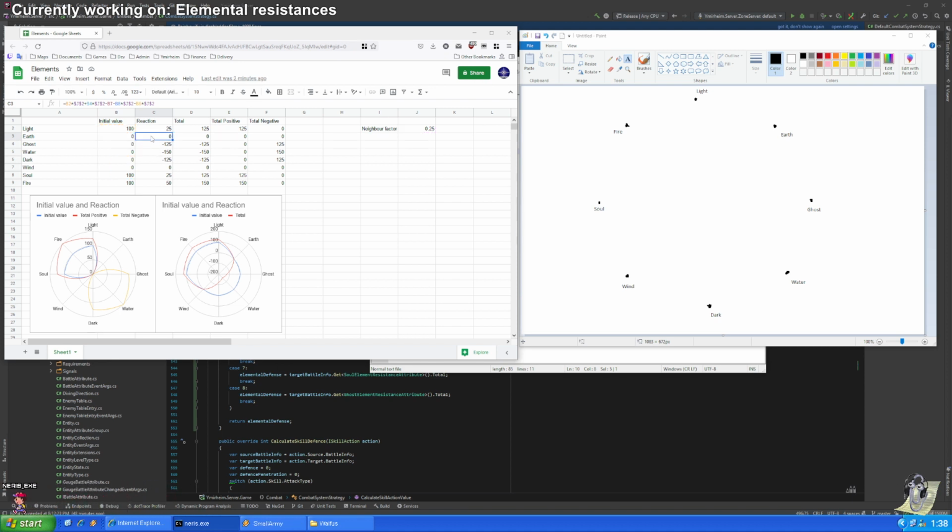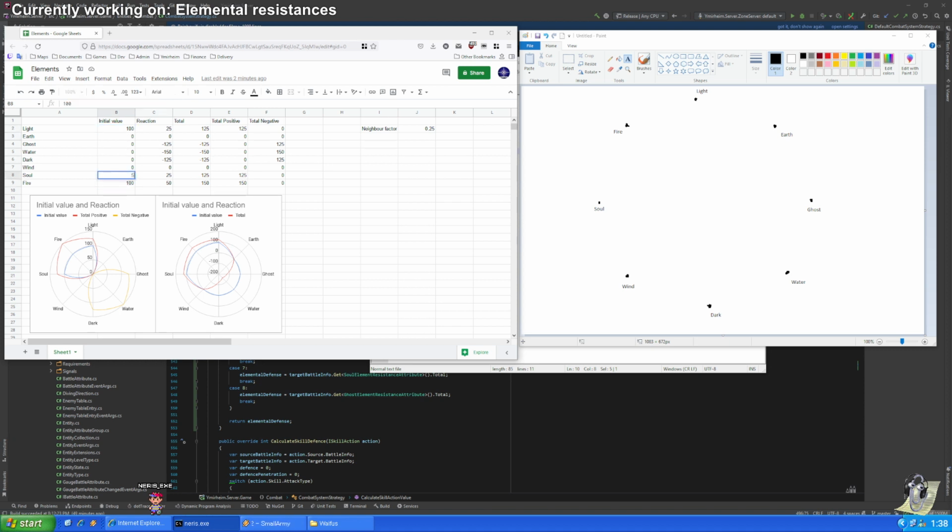Wait, what? Earth. Yeah, it's light times this. Oh, is it because I increased the soul? It negated. So for Earth, the soul is neighbor. So where is the soul? 100. Yes. So yeah, they negated each other.